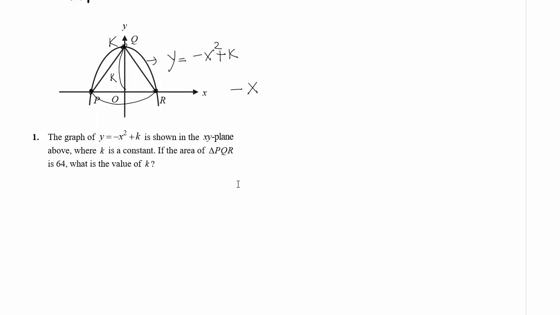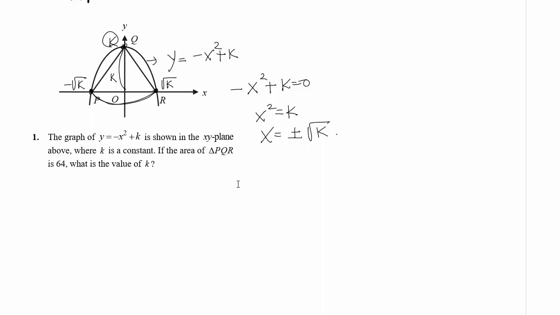So negative x squared plus k equals 0. X squared is k. X is what? Plus or minus square root of k, isn't it? Because we know that k is positive, it will be no problem. So this point will be square root k. The other is negative square root k, okay?